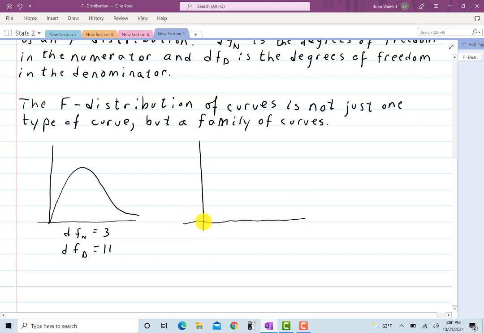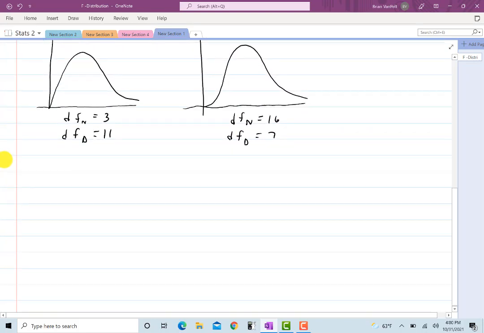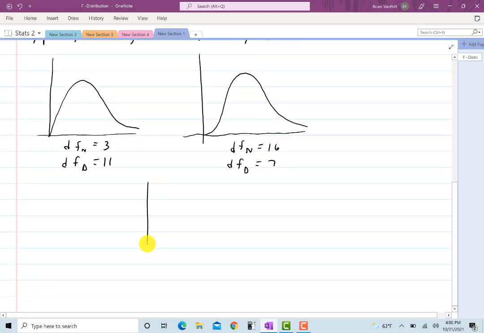Now watch this next one. It comes in curved like this, and then goes like that, like a chi-squared a little bit. This was the case where dfn was equal to 16, and dfd was equal to 7. And then this other one is what really breaks it open as far as the types of curves. It goes like this.